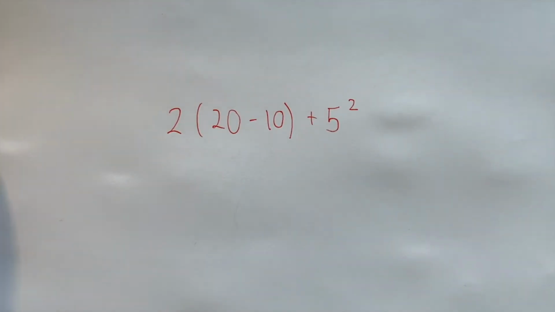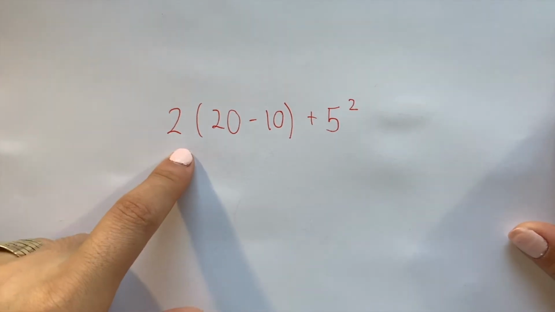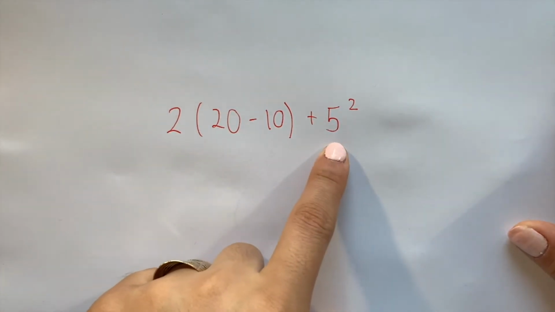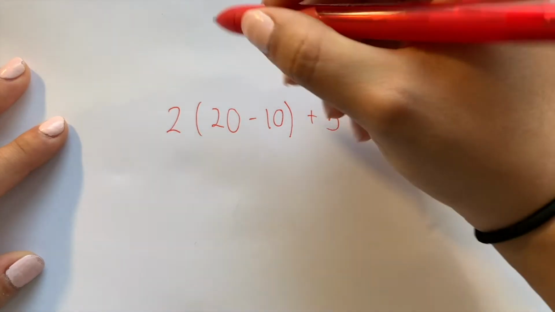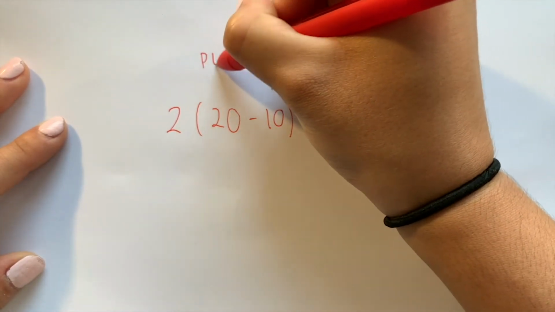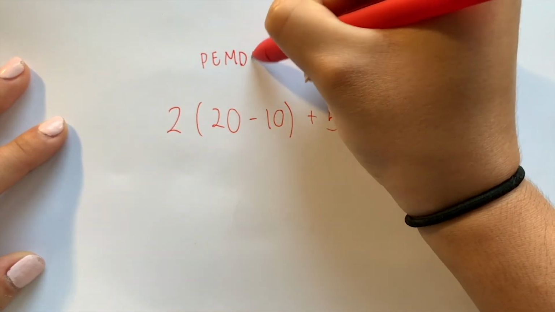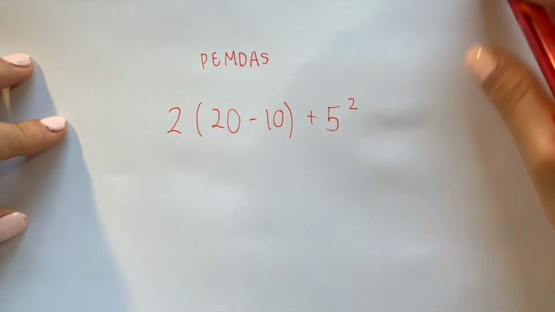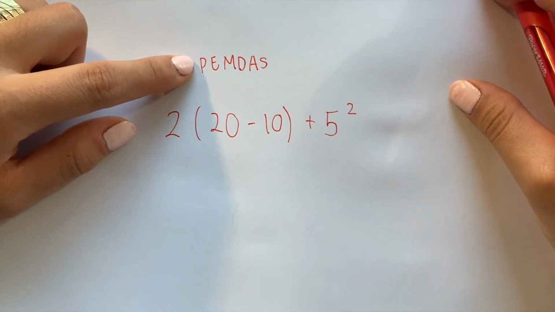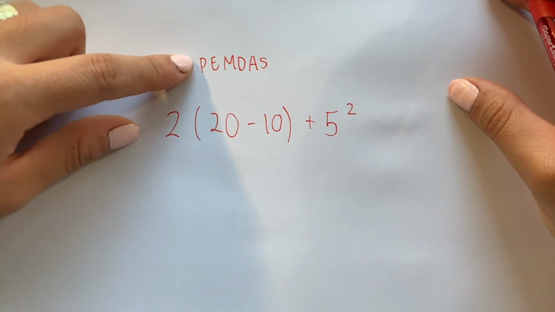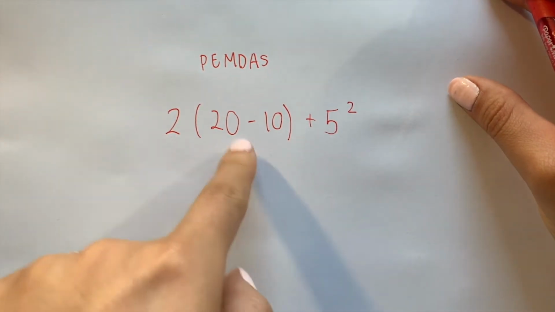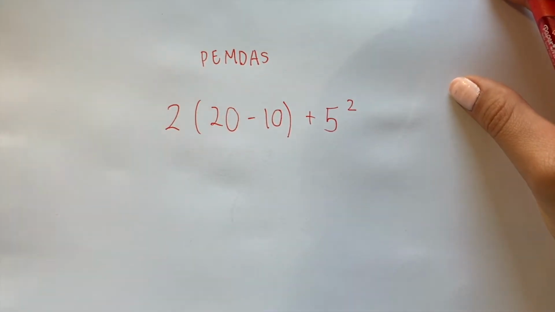Here we have this problem where not only do we have parentheses, but we also have an exponent. So now, always remembering to look at PEMDAS before we solve a problem like this, we can see that the P is first, which means that we have to solve what's in the parentheses first.